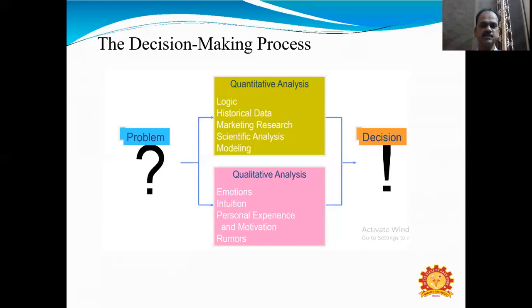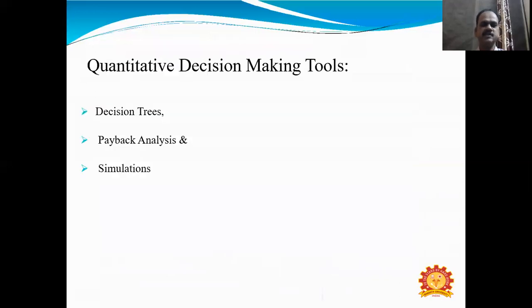No means it splits the branches at the right side. Based on the given condition, it helps us to split the branches. The quantitative decision making tools are decision tree, payback analysis, and simulations.